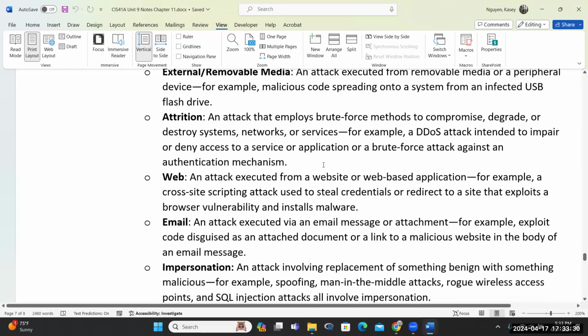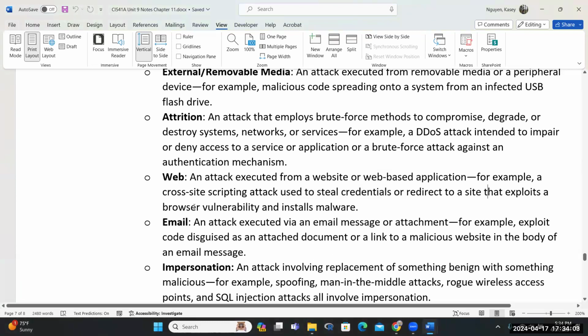Okay, so attrition is important, and then looking at web. Web is important because it is public facing. It is prone to be the target. So if you have a web-based application, most companies do. If you're using a login screen to log in to buy something, to pay for something, to access your account, whatever, that's a web app. So credentials could be lost.